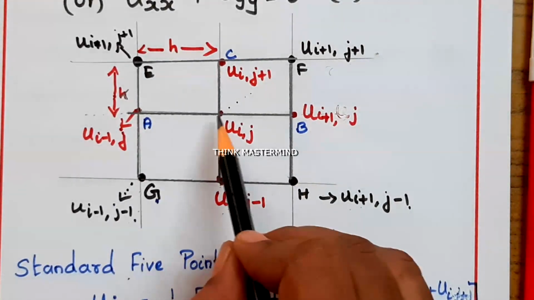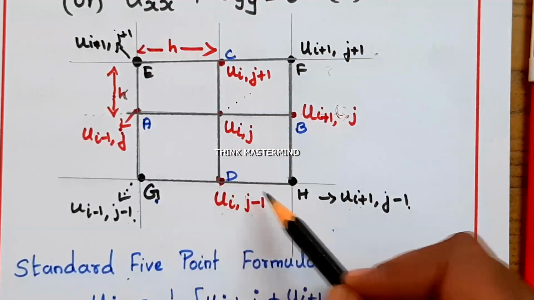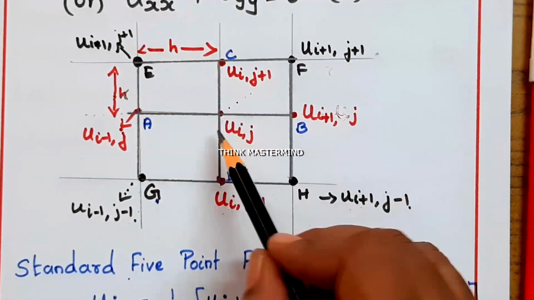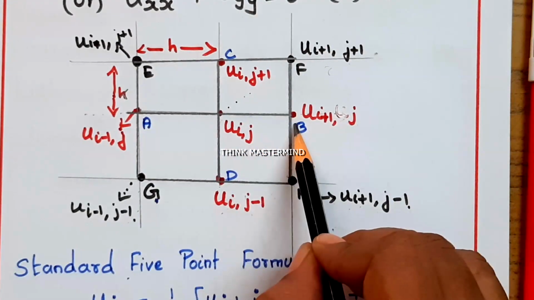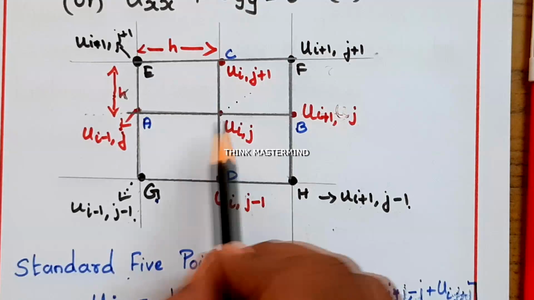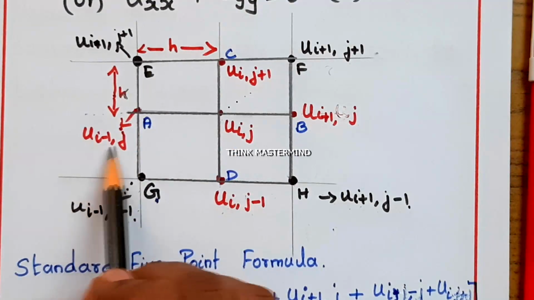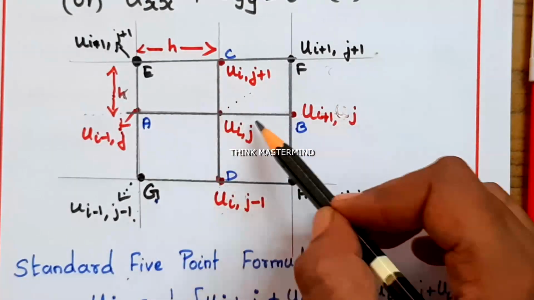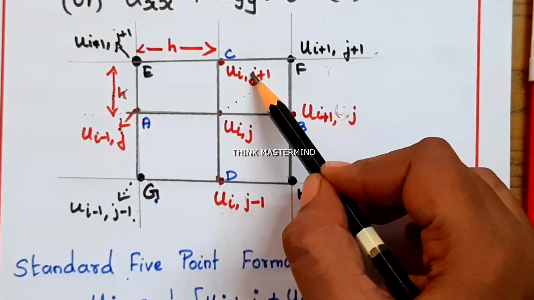Suppose we go to the next line, that is the increment of j. So here j minus 1 becomes j, that is u(i, j). This side it will become u(i plus 1, j), and the left hand side it is u(i minus 1, j). Similarly, you go to the next line, that is j is increased by 1, it is j plus 1.